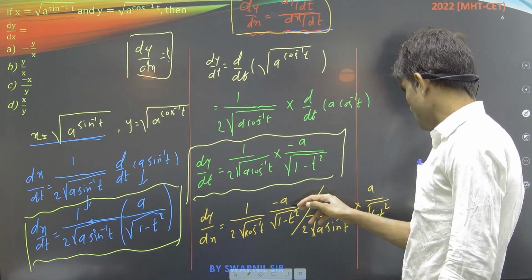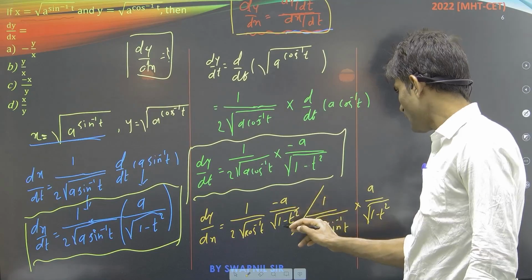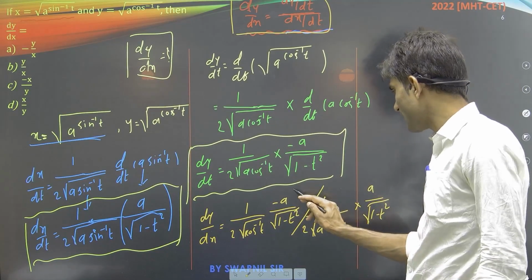Now see that the possible terms cancel. Minus a upon square root of 1 minus t square and a upon square root of 1 minus t square, we can cancel these two.